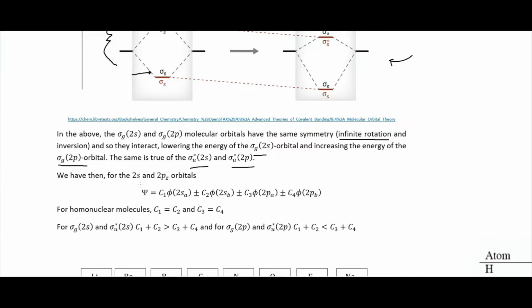We have then for the 2s and the 2pz orbitals, this is our molecular orbital wave function. The pluses on top are when it's the bonding, the negatives on bottom are when it's the anti-bonding.